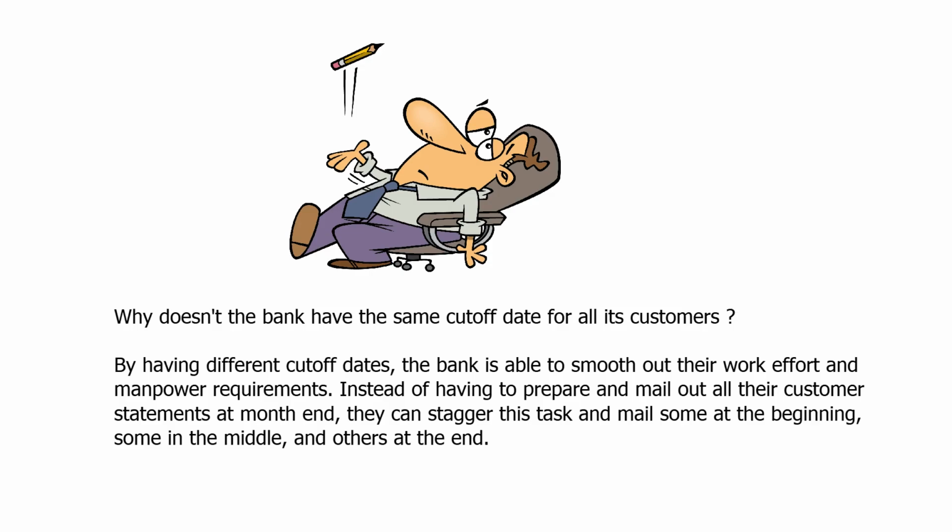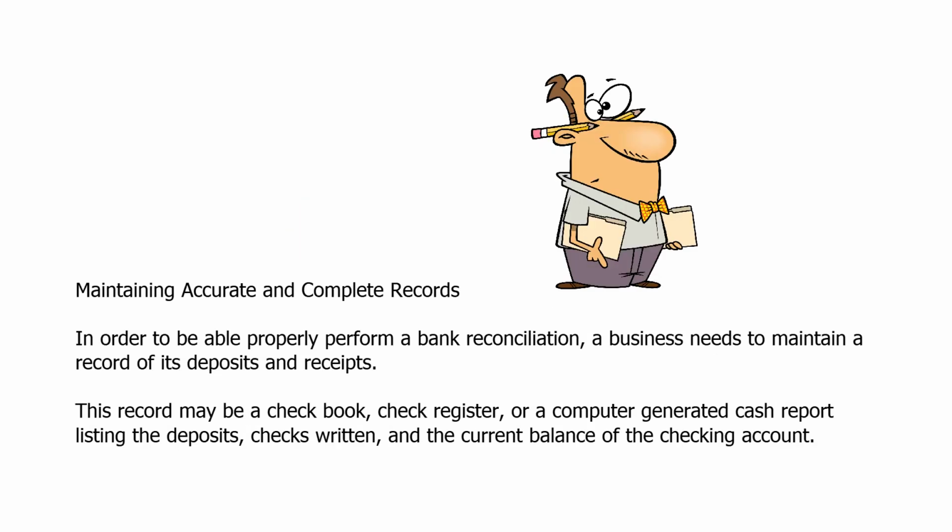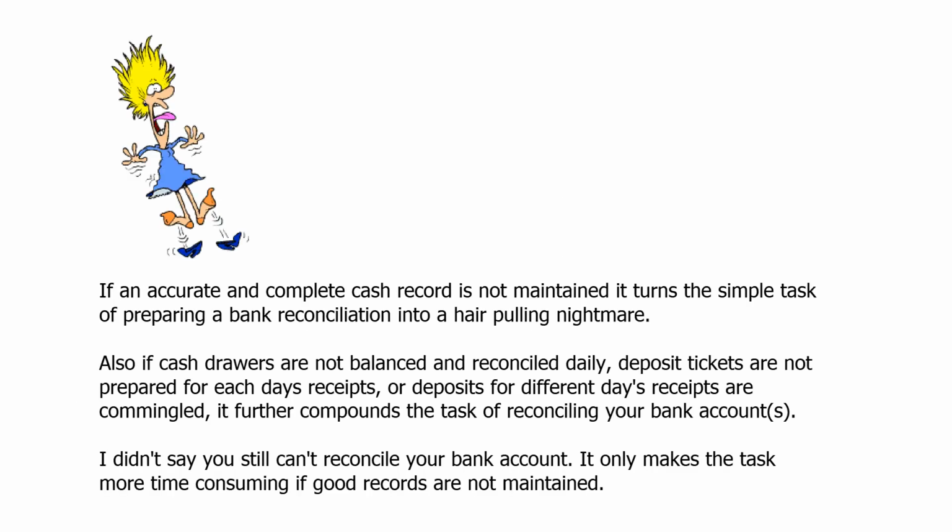Maintaining accurate and complete records. In order to be able to properly perform a bank reconciliation, a business needs to maintain a record of its deposits and receipts. This record may be a checkbook, check register, or a computer-generated cash report listing the deposits, checks written, and the current balance of the checking account. If an accurate and complete cash record is not maintained, it turns the simple task of preparing a bank reconciliation into a hair-pulling nightmare.